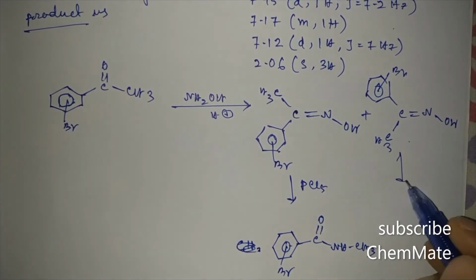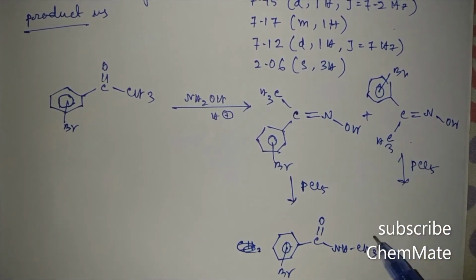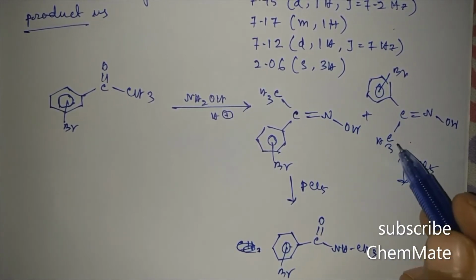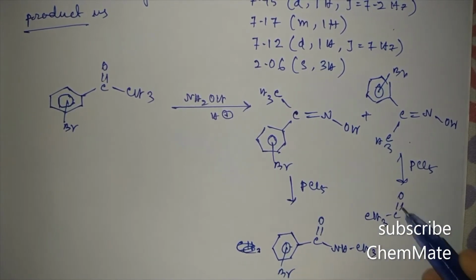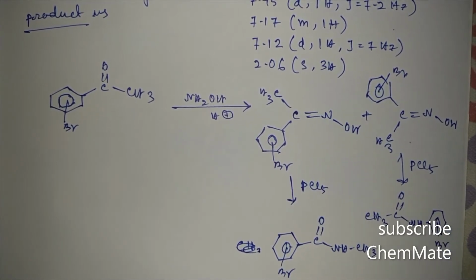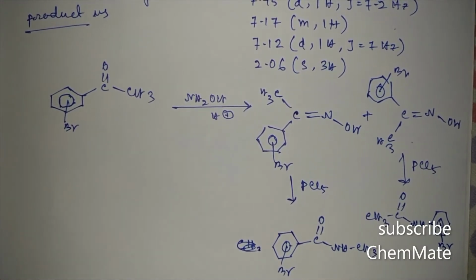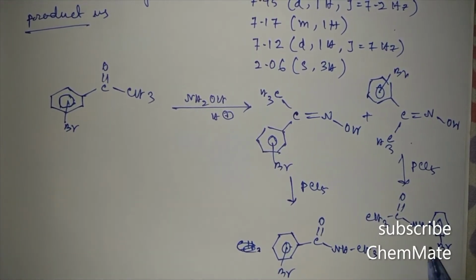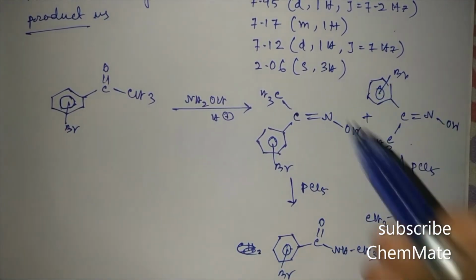And from the other we will get the product CH3 C double bond O NH, here the aryl group will migrate and the corresponding amide will be formed. Now the 1H NMR data for this amide are given here.